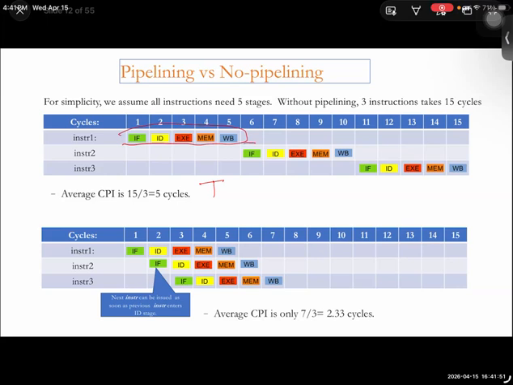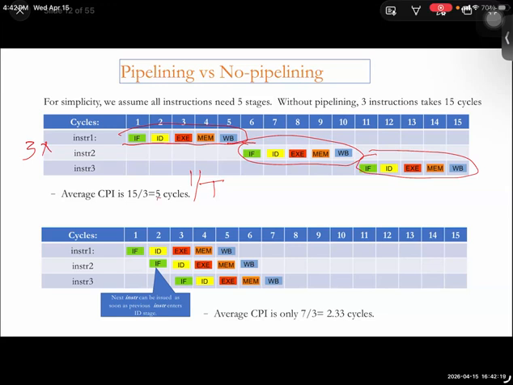So what is the throughput? It is 1 over T. One instruction takes 5 cycles. Correct? So if there are 3 instructions, it is 3 instructions multiplied by 5 cycles.